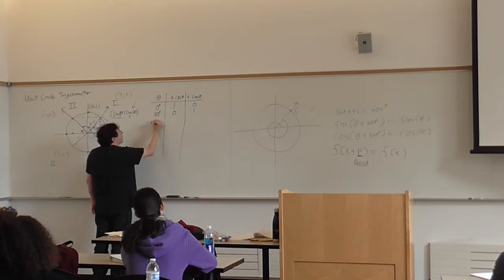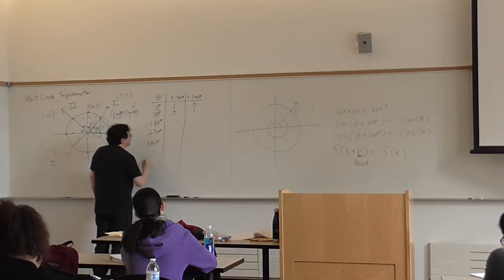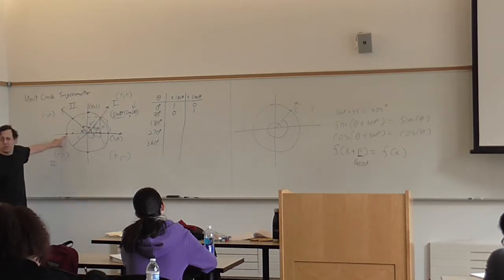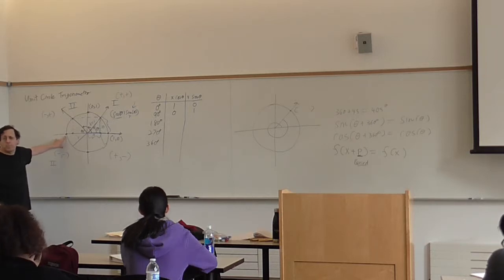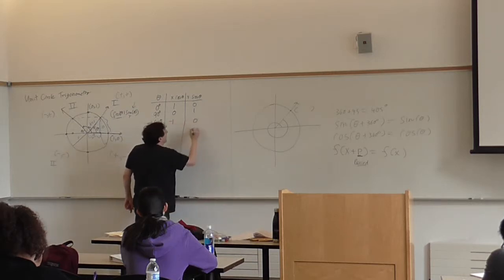So that would be 180 degrees, 270 degrees, and then 360 degrees. So over here at 180 degrees, what are the coordinates? So they're -1 and 0.